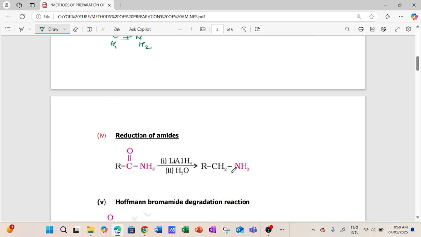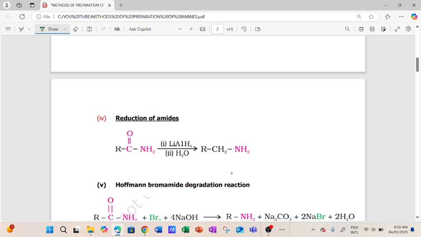Now reduction of amides. Amides are organic compounds with the functional group CONH2. So RCONH2 is the general formula of an amide. On reduction, again by using a reducing agent like lithium aluminum hydride, that CONH2 part changes to CH2NH2. So mainly the CO part is changing into CH2 by reduction.